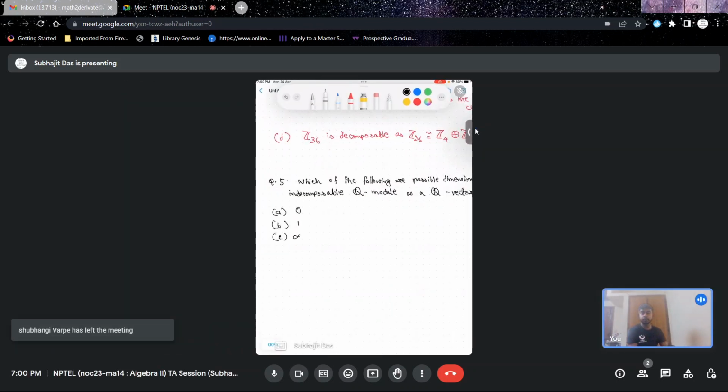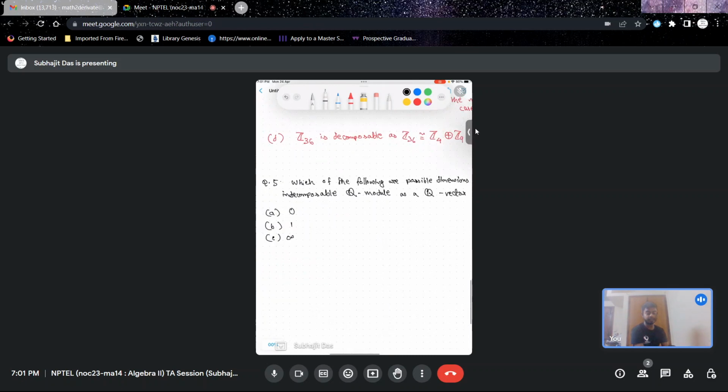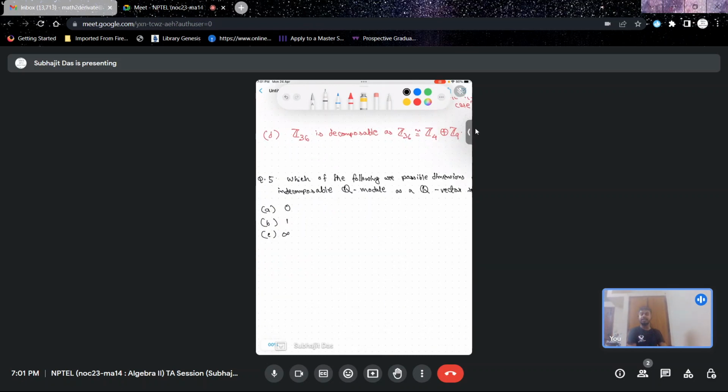Okay, so you need to find out which of the following are possible dimensions of an indecomposable Q module considered as a Q vector space, right? So observe something interesting about vector spaces. You know that every vector space has a basis, right? So what happens if a vector space over a field has dimension more than 1? Then you have a basis with n elements, or possibly infinitely many elements as well.